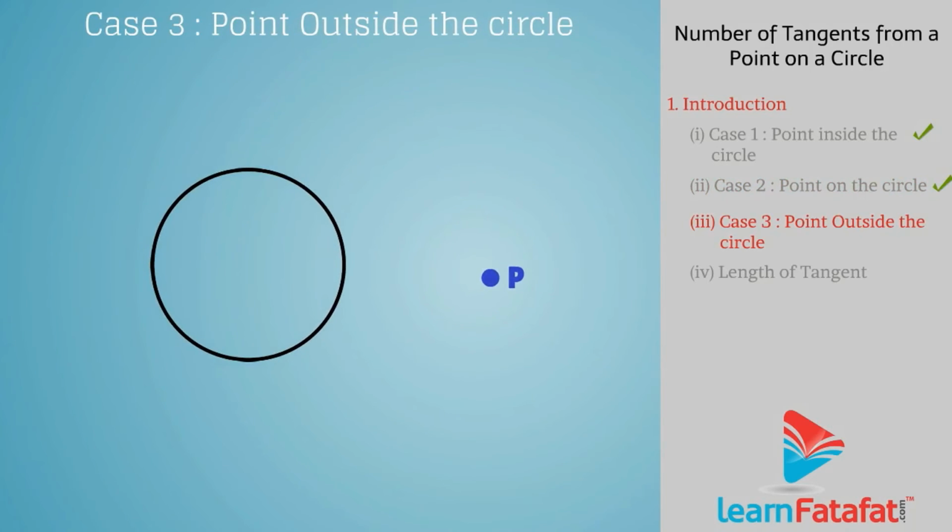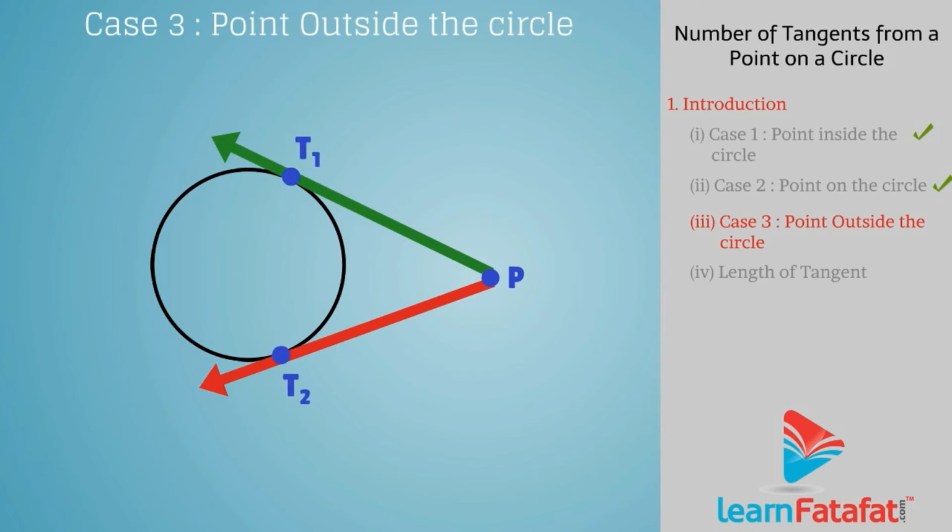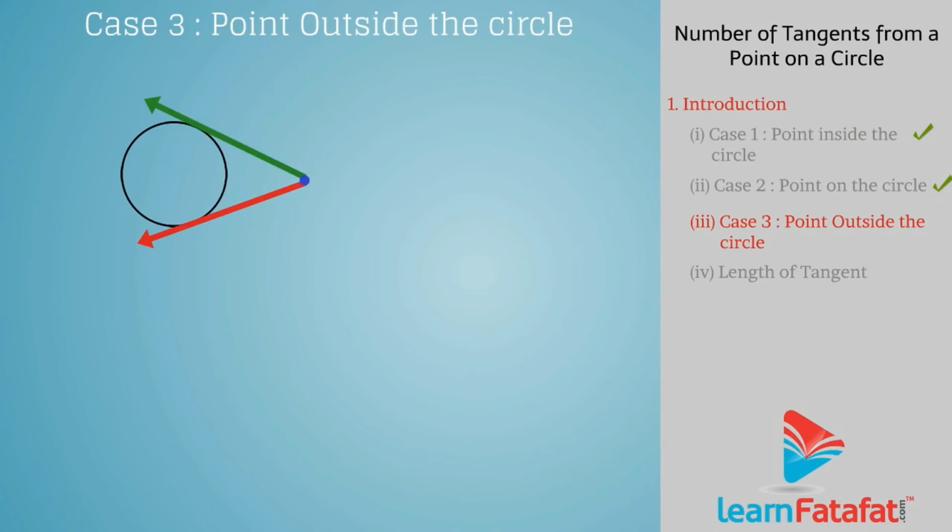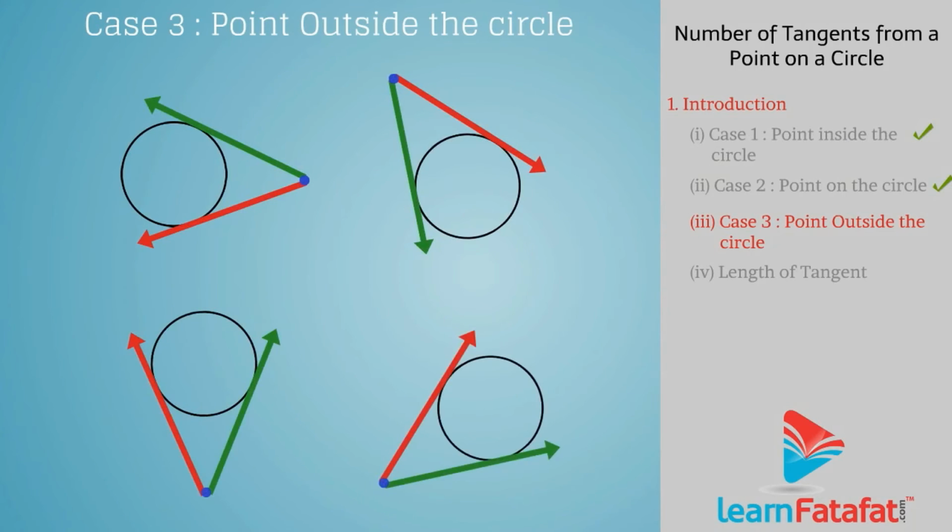Consider the third case in which point is outside the circle. Now, we can draw two tangents passing through this point, touching the circle at point T1 and T2. Thus, we can say that we can draw exactly two tangents from the point outside the circle.